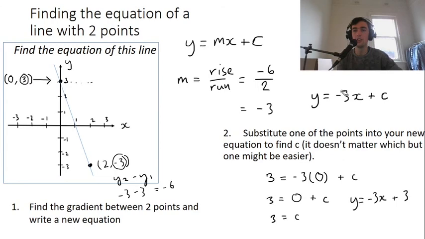And then you write a new equation. You take the general form and you replace m with your new gradient that you found, and then you use this new equation, substitute one of the points in, which is step number 2, to find c.